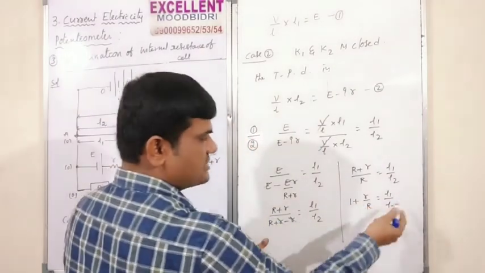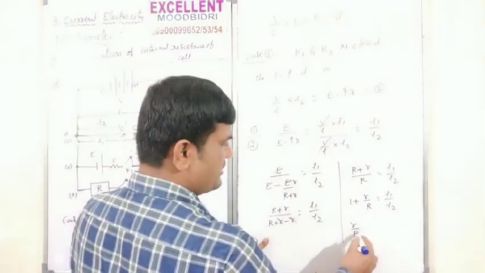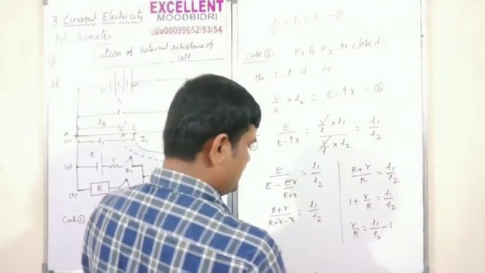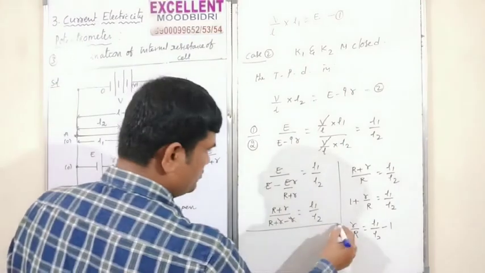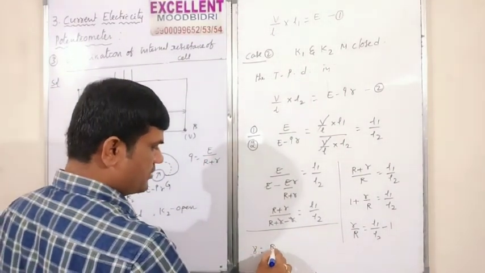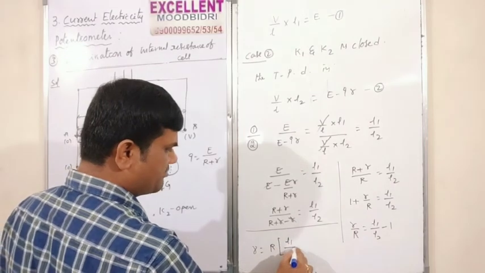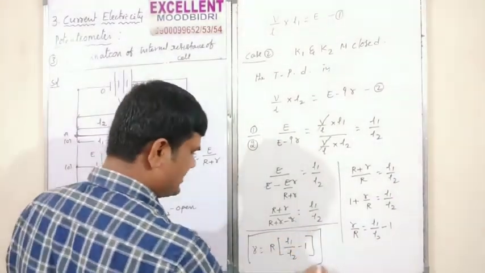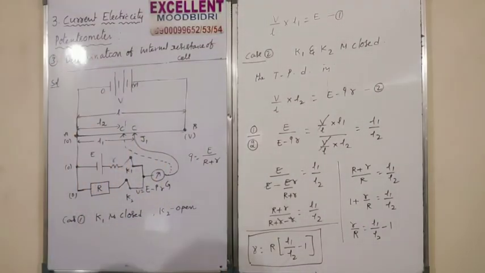Now transfer this to the other side. Therefore r by R is equal to L1 by L2 minus 1. I want small r, so small r is equal to R into (L1 by L2 minus 1). This is the internal resistance of a cell.